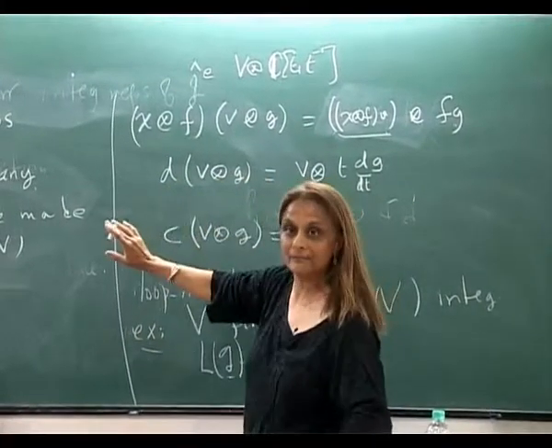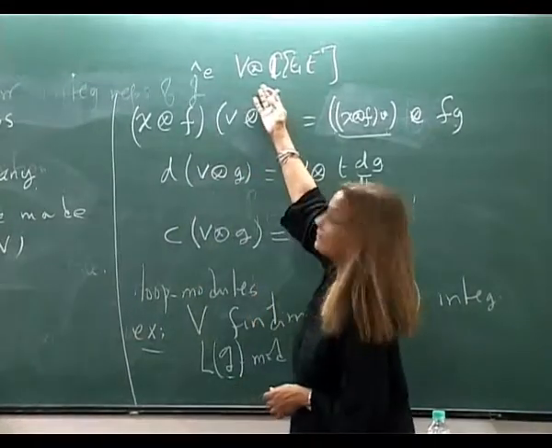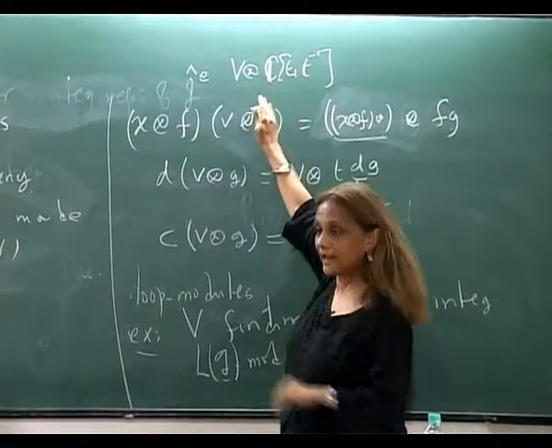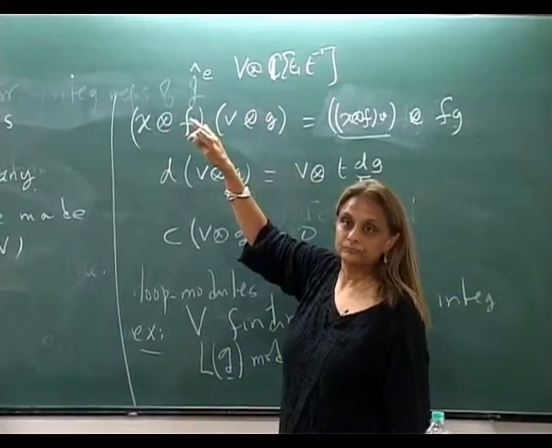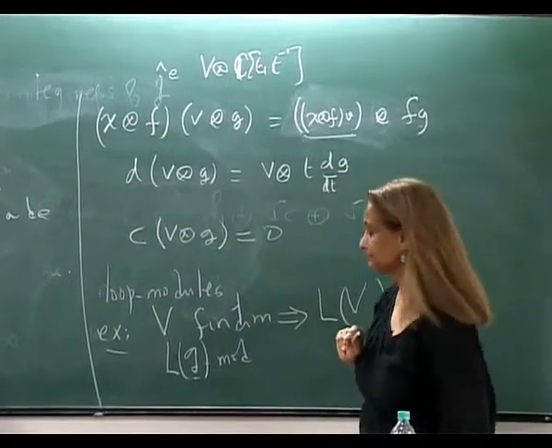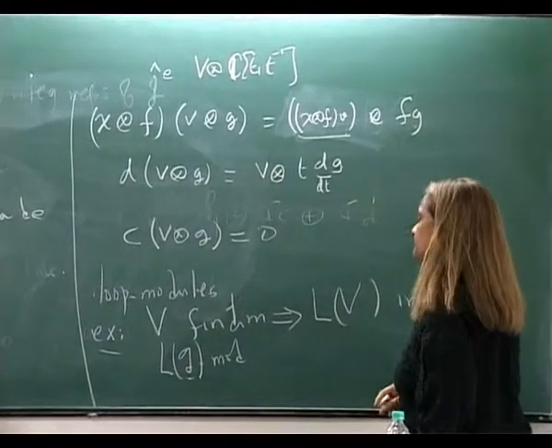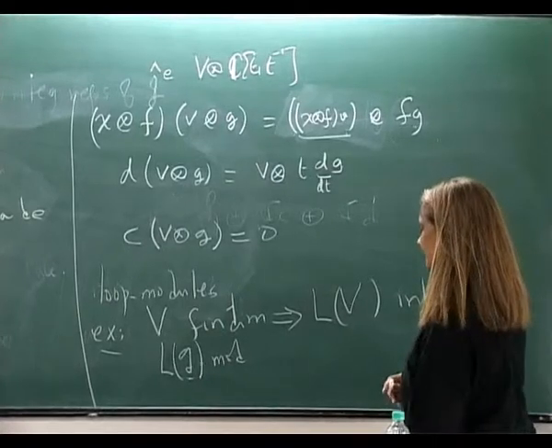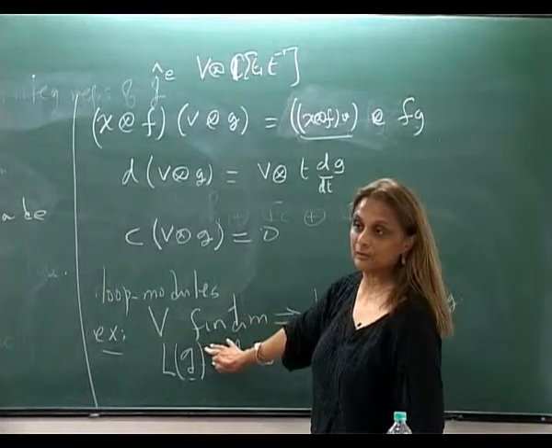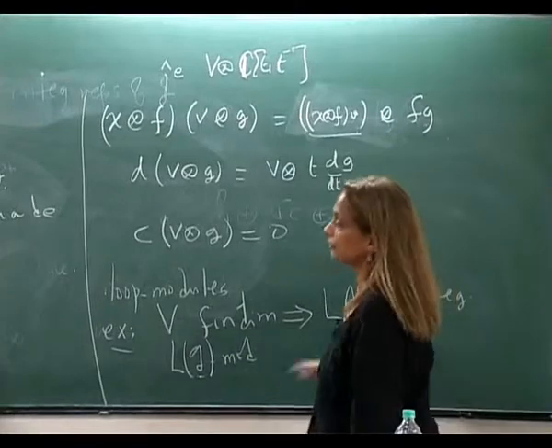No, that's not what I meant. So I start with an LG module, and then I look at this vector space, and on this vector space, I define an action of the affine Lie algebra. So it's not on the original space. That's wrong. Okay? Yeah, I agree. But what I meant here was L of V. Okay. So you notice that over here, I'm not saying that if I have an irreducible module, I'm getting an irreducible module over here. Usually I don't.